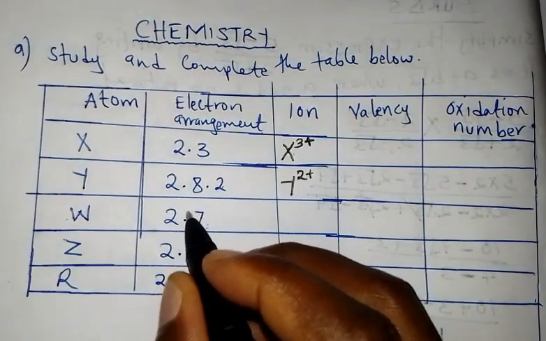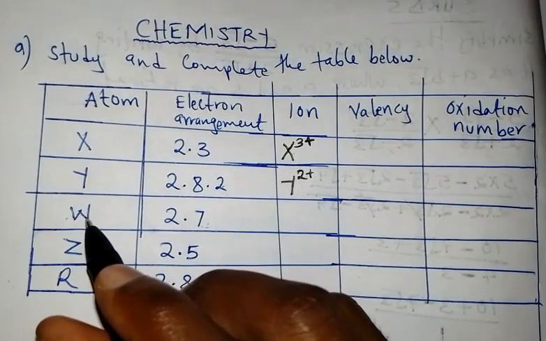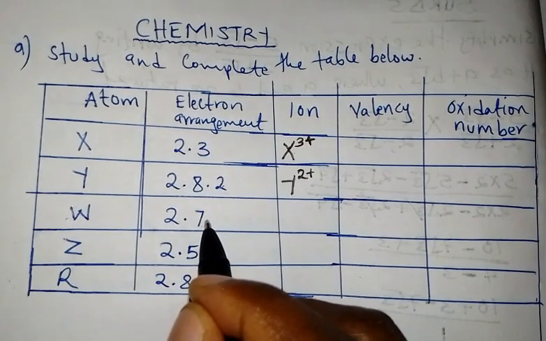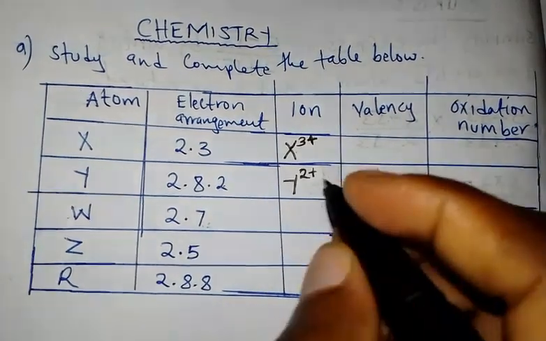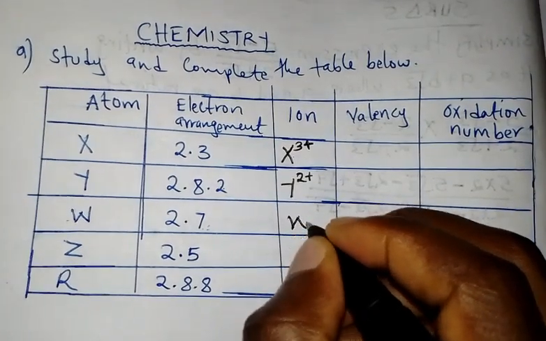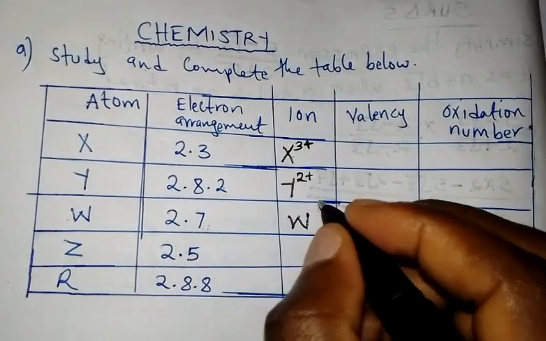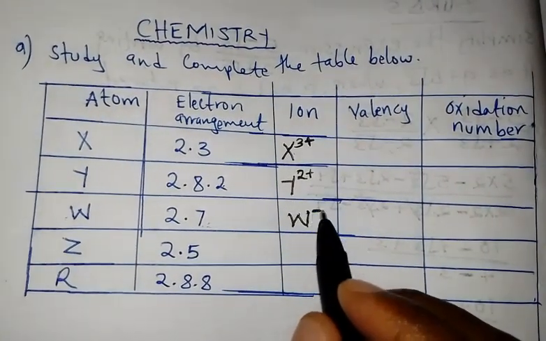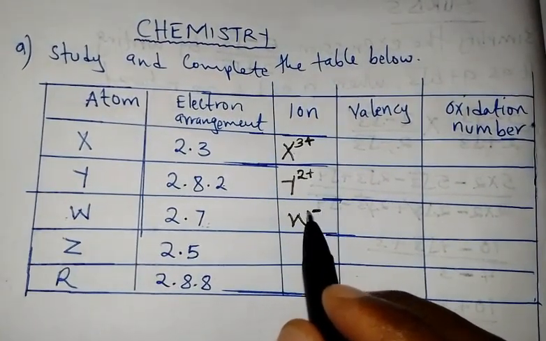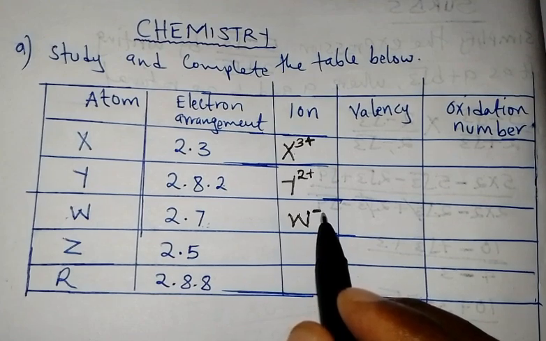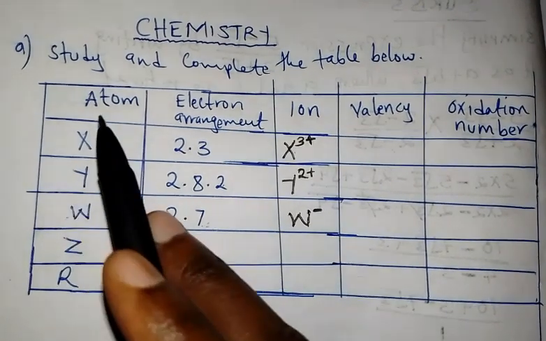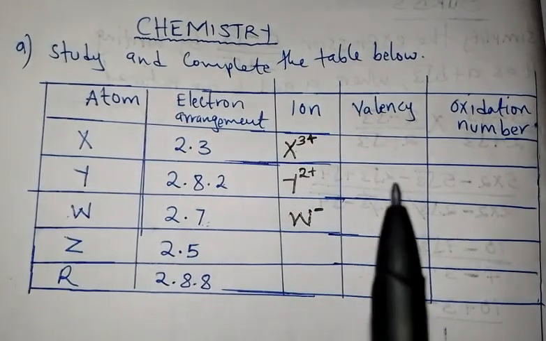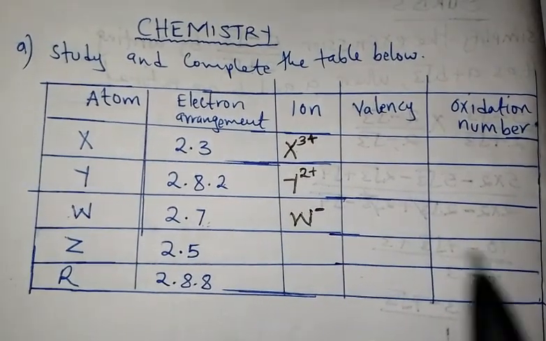So for the atom W to form the ion, it is going to do what? To gain one electron. So the ion of atom W will be W negative. The negative sign here shows that for the atom W to form an ion, it gained only one electron.